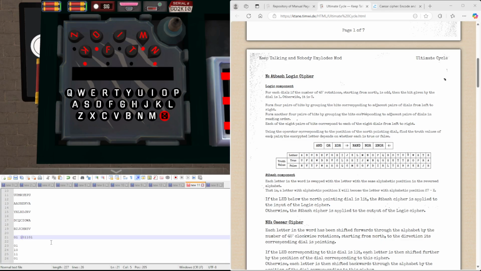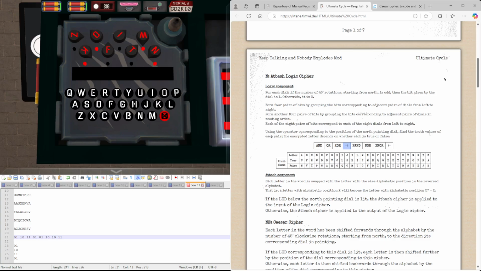So we have, okay. Each of the 8 pairs of bits corresponds to each of the 8 tiles from left to right, in the operator corresponding to the position of the north pointing dial, 4 for this.